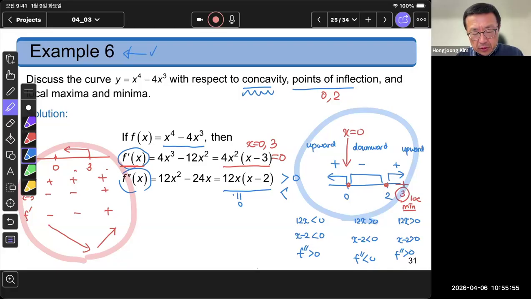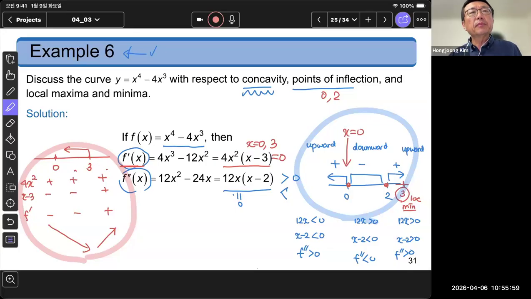If I consider the graph on the left based on f prime, I could tell only the increasing or decreasing pattern of f. Now, when I look at the one on the right inside the blue circle, I have the information about the concavity.